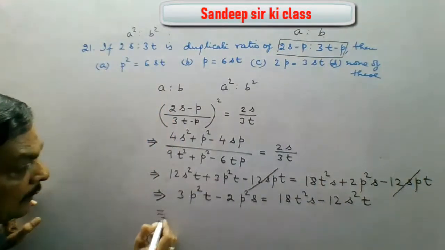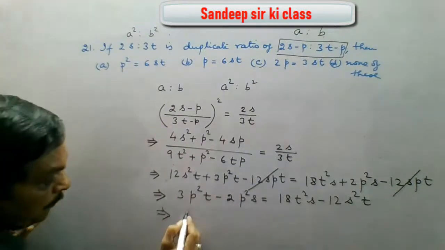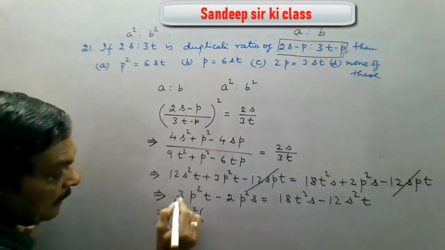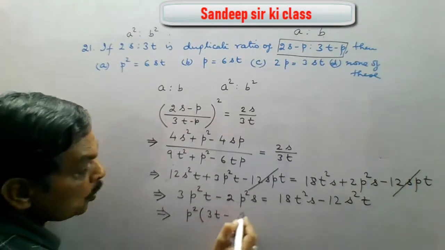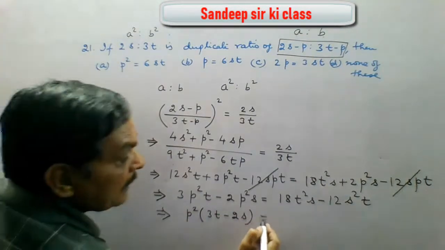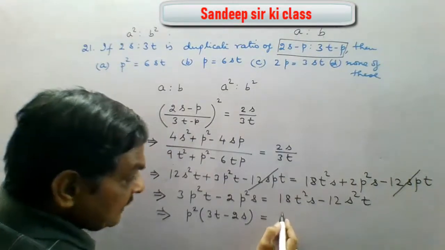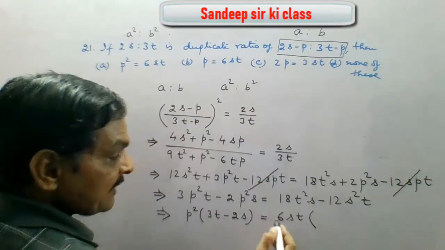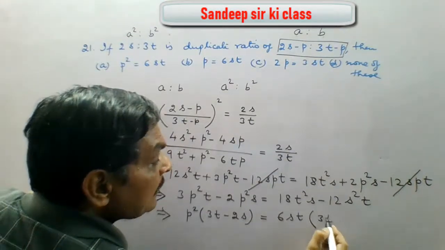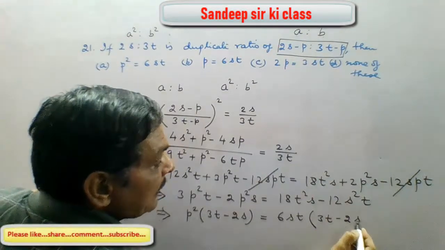Now p square can be taken common, so inside the bracket will be 3t minus 2s, and here I can take 6st as common, inside the bracket will be 3t minus 2s.